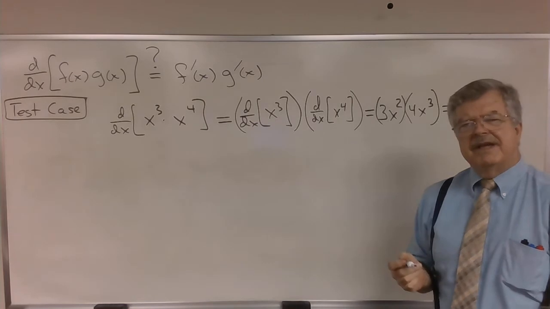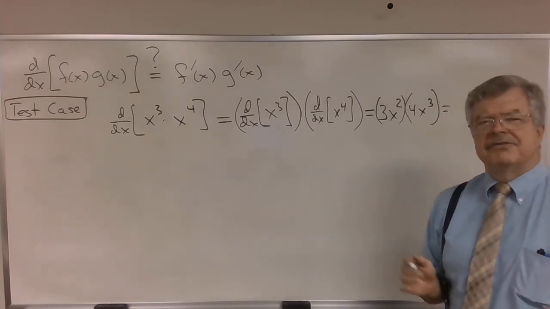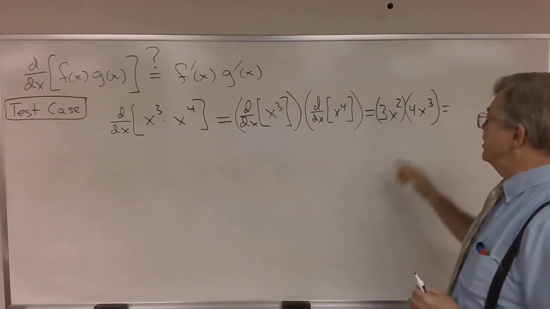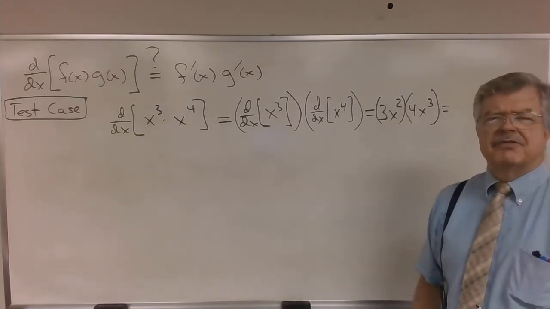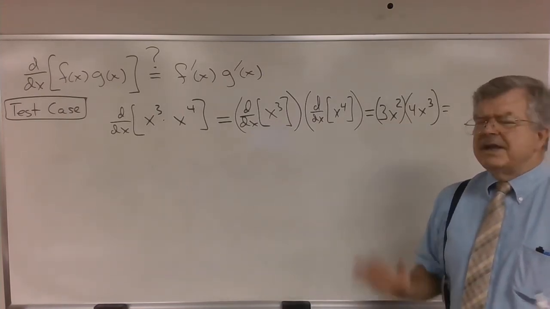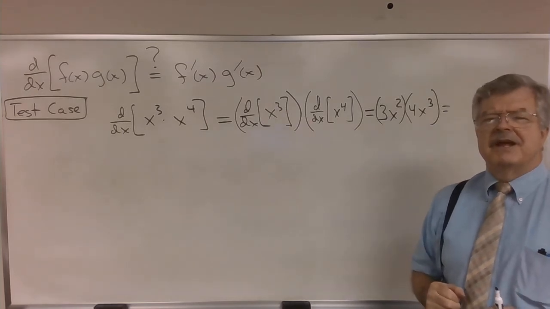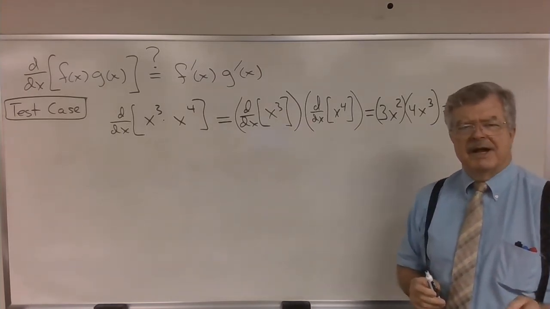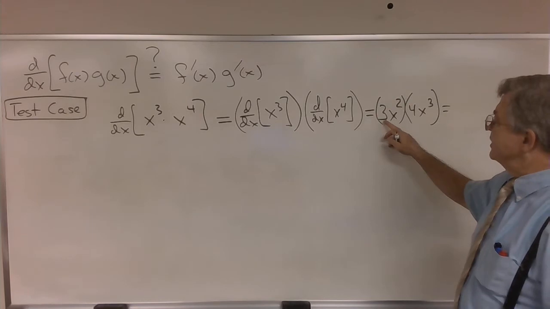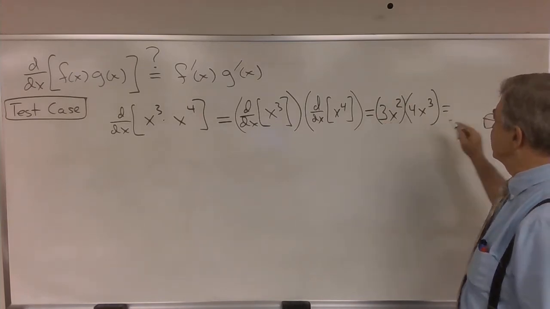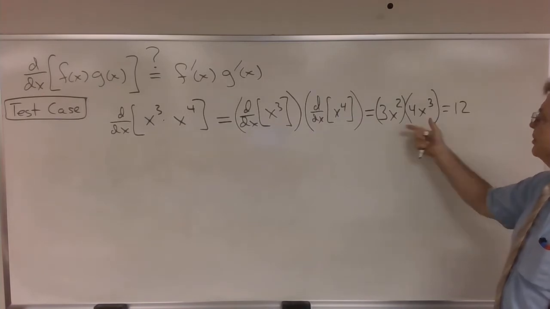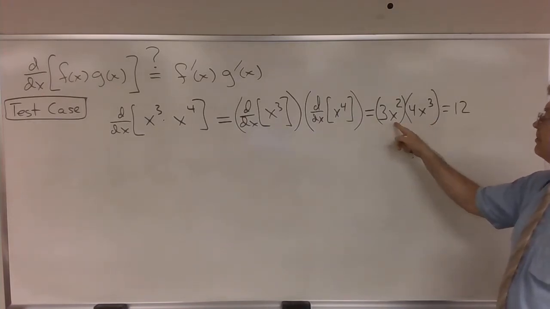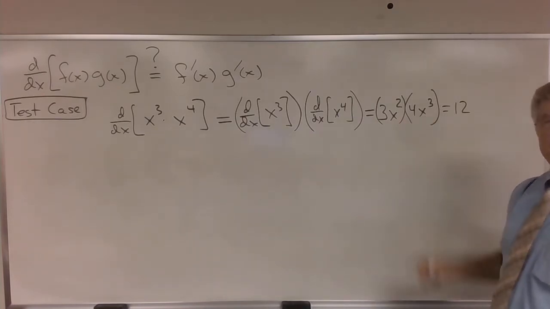Now multiplication's commutative and associative, so 3x squared, 4x cubed, there's 4 factors there. We can reorder these factors any way that we want and multiply them together. So let's take the constants. 3 times 4, that's 12. And then take x squared and x cubed.